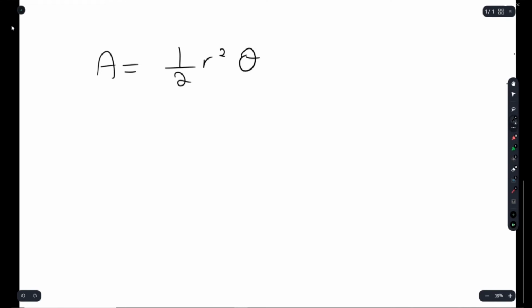Okay, second to last formula you're going to need in this lesson is A equal to 1 over 2 r squared times theta. So A is the area of a sector. If you do not know what a sector is, think of it as a slice of pizza.